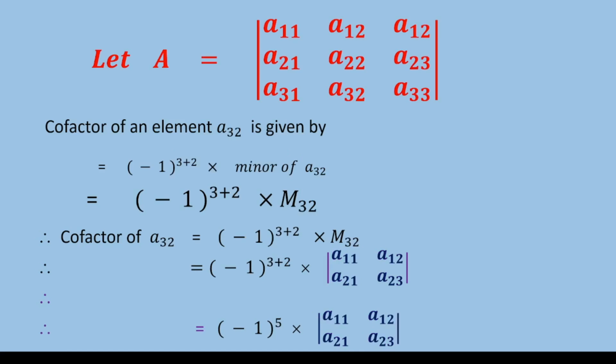Similarly, cofactor of A32 equals minus 1 raised to 5 multiplied by the minor of A32, that is A11, A12, A21 and A23.